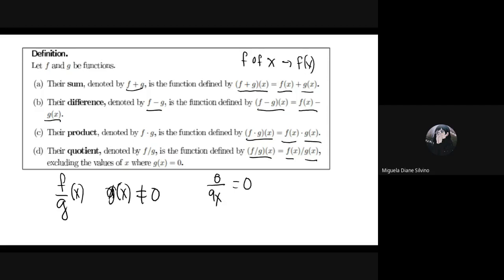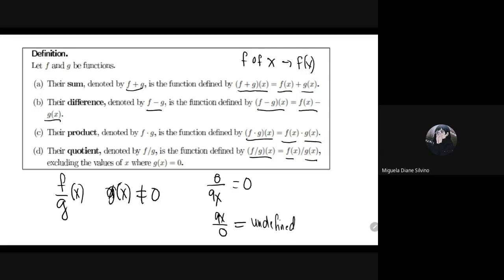Kung natatandaan nyo yung DepEd Edu TV na nag-viral yung teacher, nagkaroon ng konting pagkakamali na na-divide niya accidentally yung expression sa 0. Kasi when you are going to divide it by 0, that will make the function undefined.